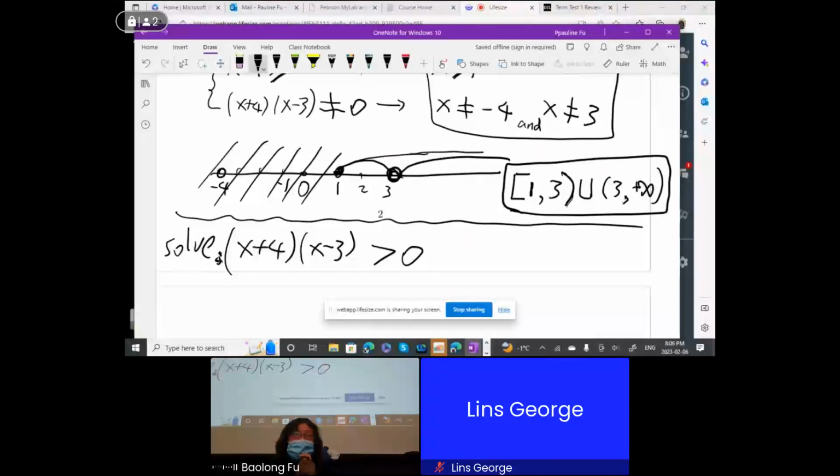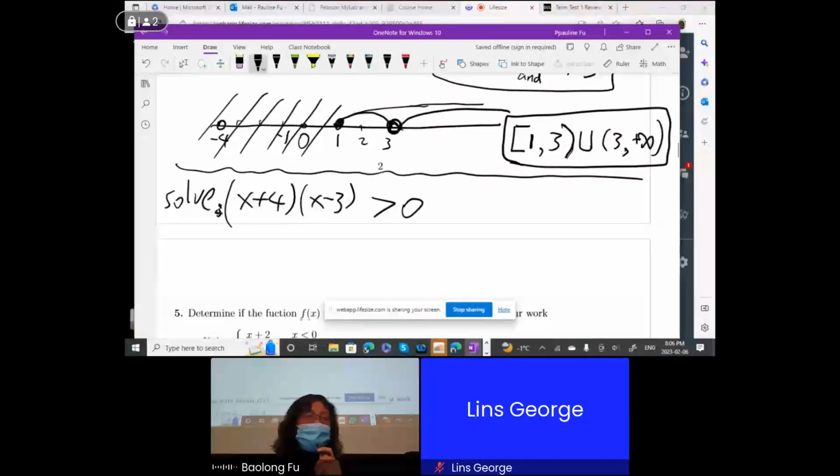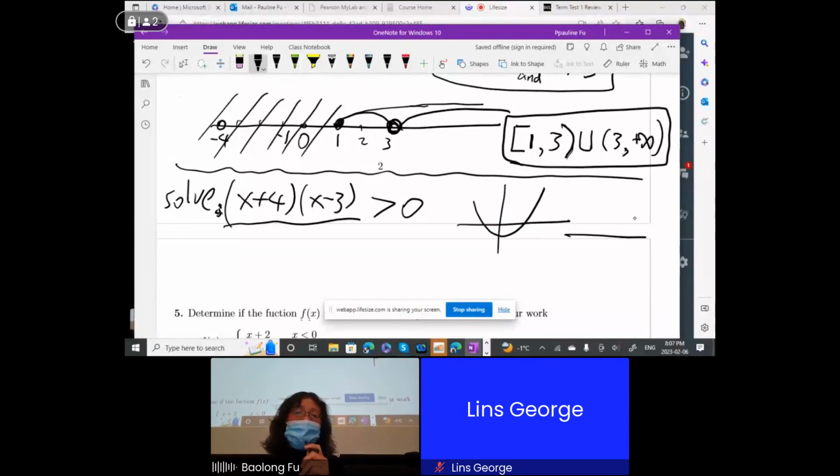One fast and effective way is to use the quadratic function. Remember this, if you expand, it is a quadratic function. Quadratic function, either concave up or concave down.